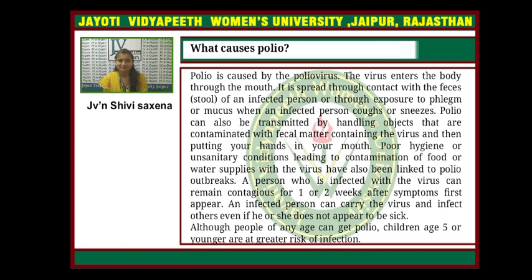An infected person can carry the virus and infect others even if he or she does not appear to be sick. Although people of any age can get polio, children aged 5 or younger are at greater risk of infection.